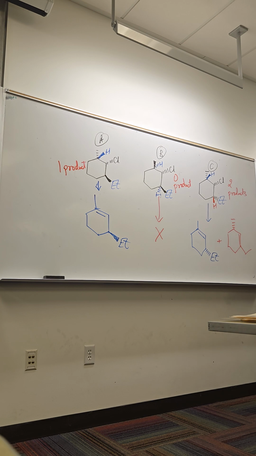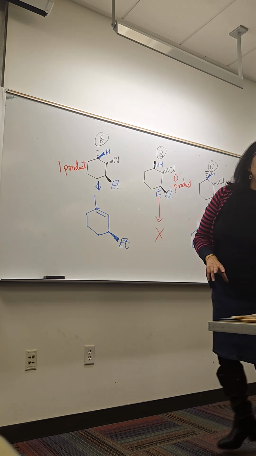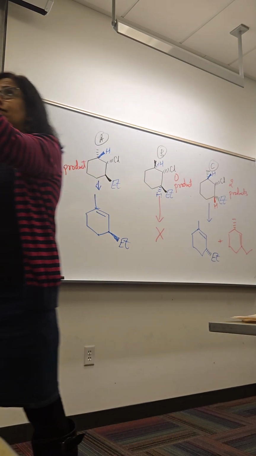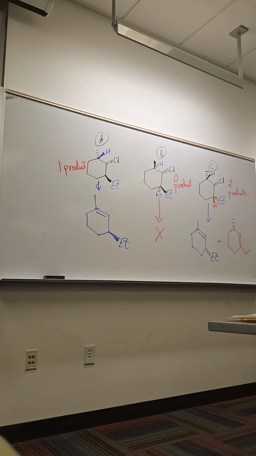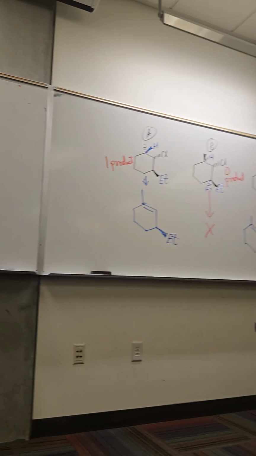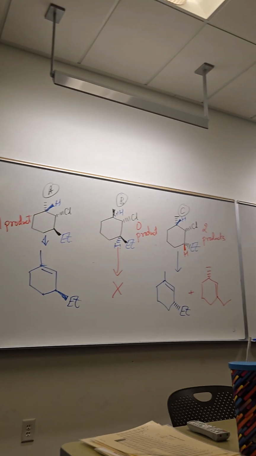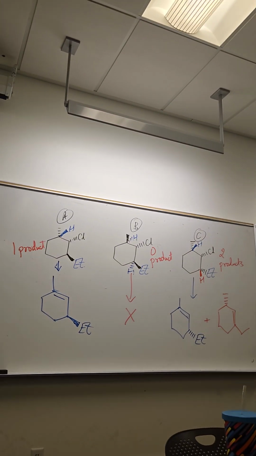Does that make sense, everybody? For E2 to happen, the leaving group bond has to be opposite, 180 degrees, to the beta hydrogen carbon hydrogen bond. Otherwise, E2 cannot happen. Everybody okay? So that is E2.